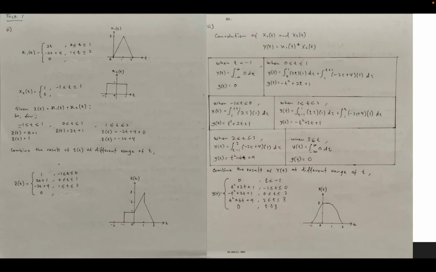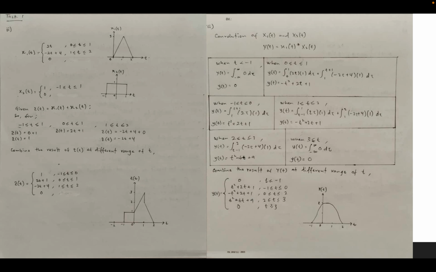From t equals 0 to t equals 1, increase from 1 to 3, and from t equals 1 to t equals 2, decrease from 2 to 0. This shape combines a step, a rising slope, and a falling slope, visualizing the addition of both input signals.